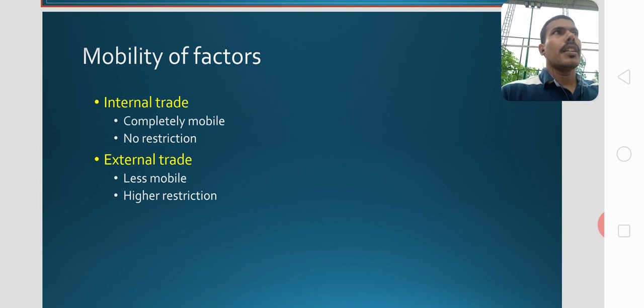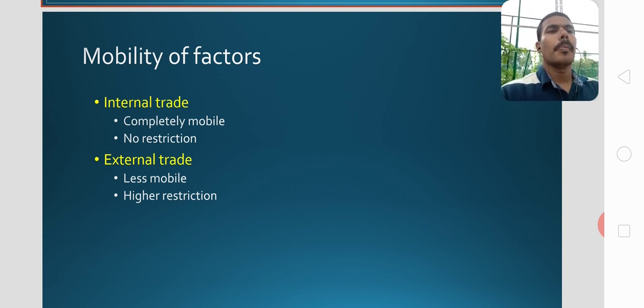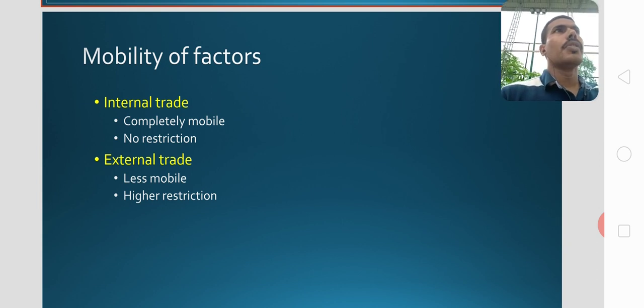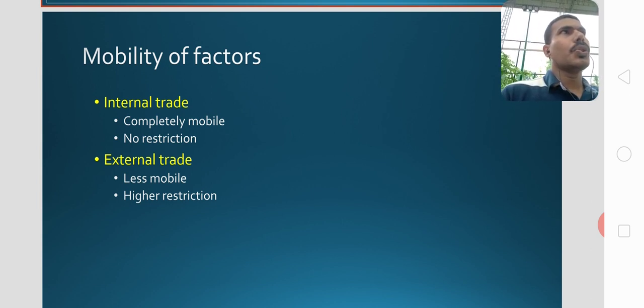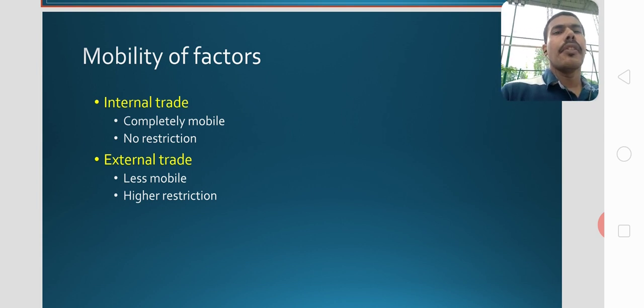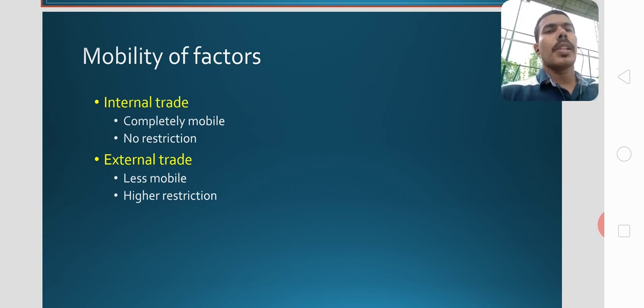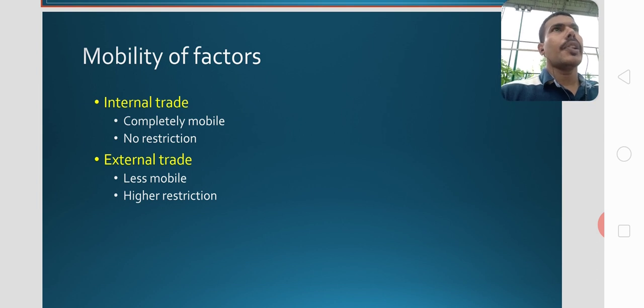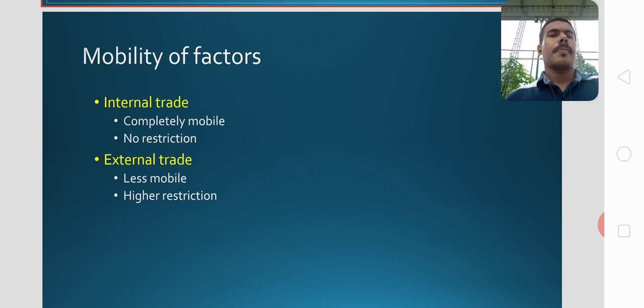We know that so many Keralites, the Malayali diaspora, are working abroad, especially in the Middle East. So that is international migration. But in order to go there for work, we need to get a visa from the respective countries. So that kind of restriction is not in place for internal trade.